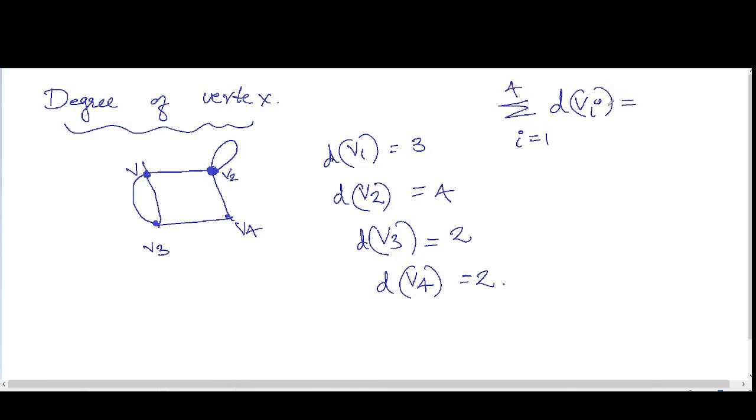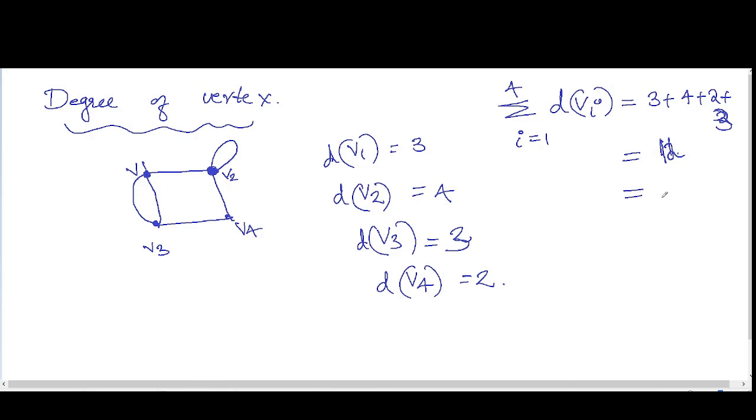In this particular graph, it is 3 plus 4 plus 2 plus 2, that means 11. Degree of V3 is 3, so it is 12. The total degree is 12.